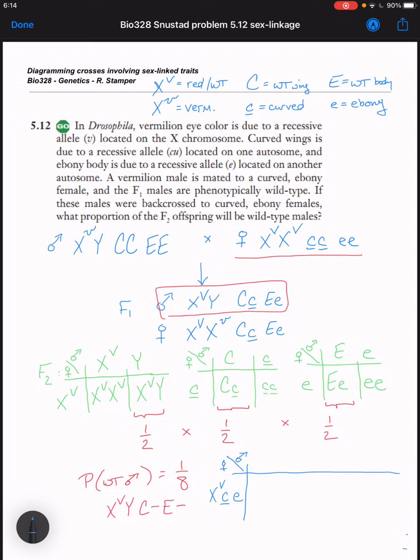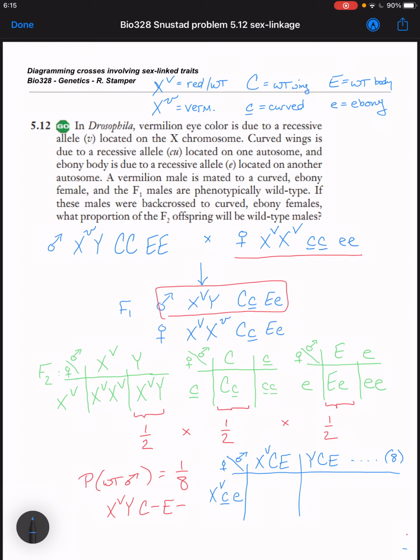So I'll actually have 8 columns going across. One of them would look like that. One of them would have the Y instead and look like that. And so on. I'll have 8 columns across the top. And only one of those 8 boxes would fulfill the question in this particular problem.